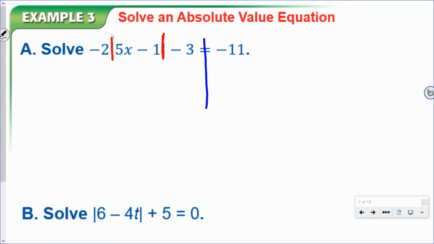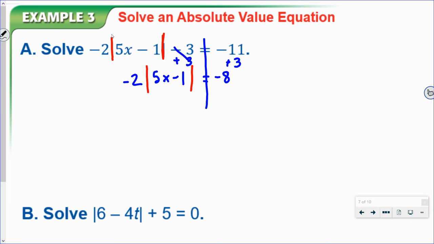All right, so my first step here is to get rid of that negative 3. So you'd add 3 to both sides. And again, we can do this in an equation as long as we do it to both sides. And then I have negative 2 absolute value of 5x minus 1. That goes away, and I have negative 11 plus 3, which is negative 8.